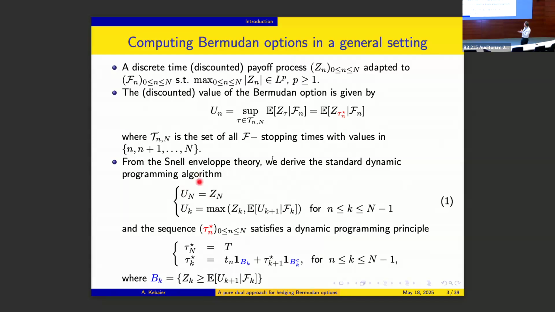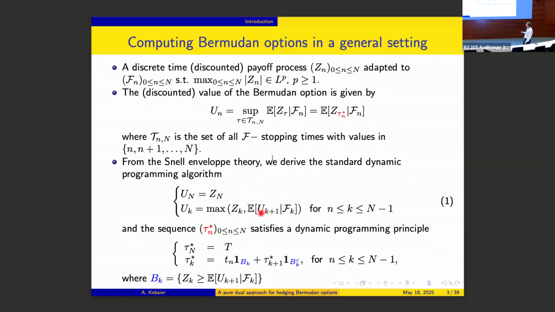Then you use a backward algorithm, which is nonlinear, and this is the problem for American and Bermudan options: you have the nonlinearity here. You have to compute the maximum between the current payoff and the conditional expectation of the next price. So you project the next price of your option on your information today.